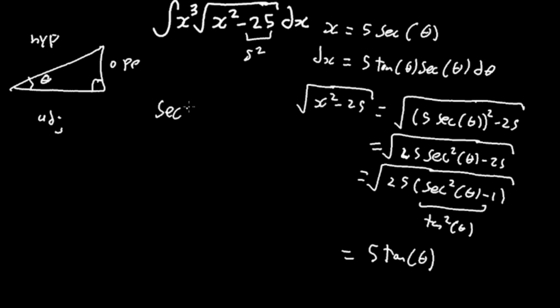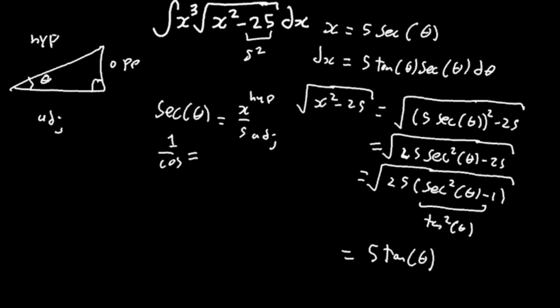This means that secant theta is x over 5. But we also know that secant theta is 1 over cosine. And we know that cosine is adjacent over hypotenuse. So we flip that, and this becomes hypotenuse over adjacent.